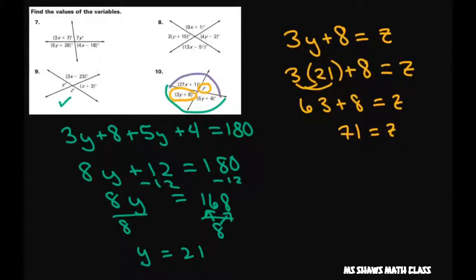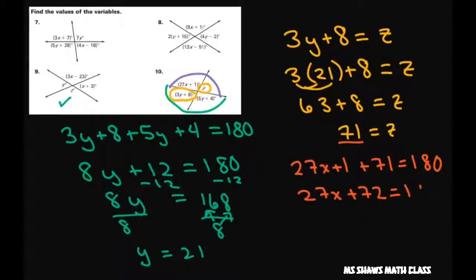And then to solve for x, this time let's just go ahead and use our supplementary angle theorem. So we're going to add this up. 27x plus 1 plus z, and use substitution, that's 71, equals 180. So 27x plus 72 equals 180. 180 minus 72 equals 108.